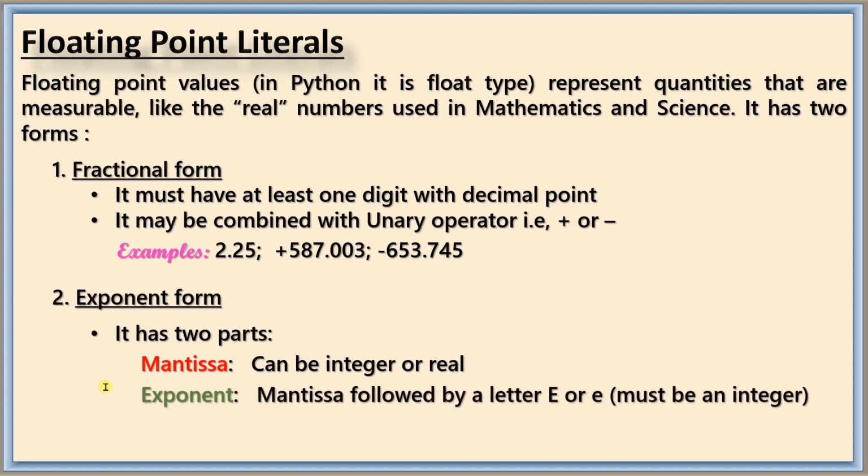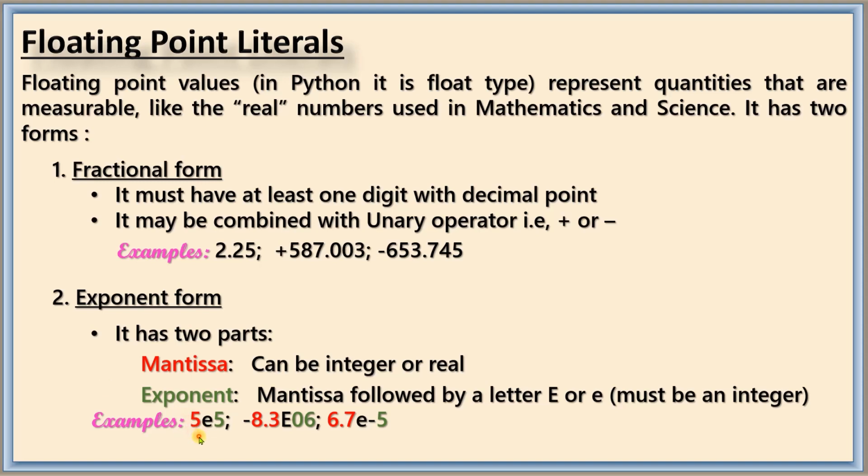The other part is the exponent part, which we specify after capital E or small e. For example, we can have 5e5. So that means 5 into 10 to the power 5. Similarly, -8.3e6, that is minus 8.3 into 10 to the power 6. The next example says 6.7e-5, 6.7 into 10 to the power minus 5.